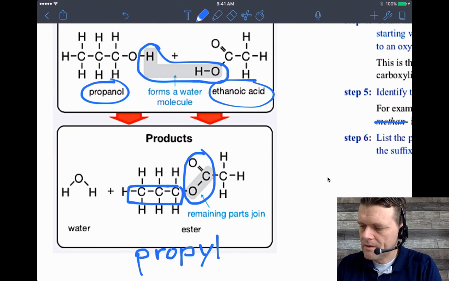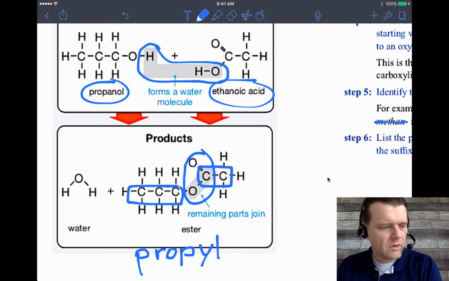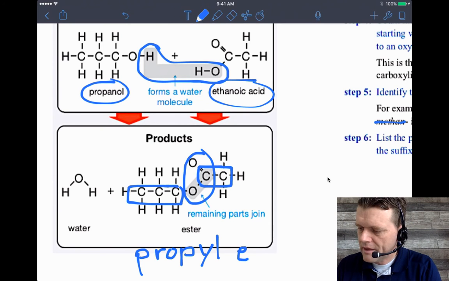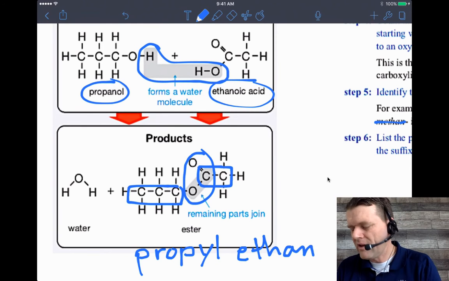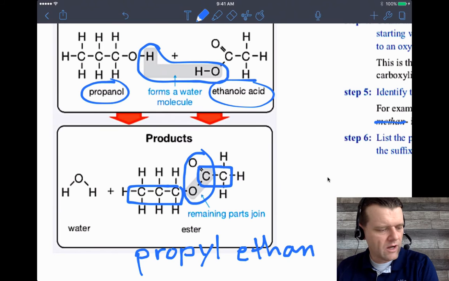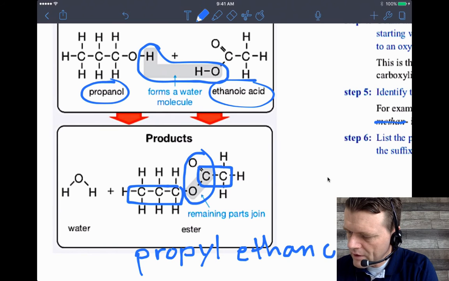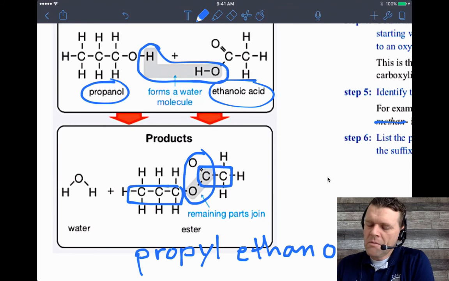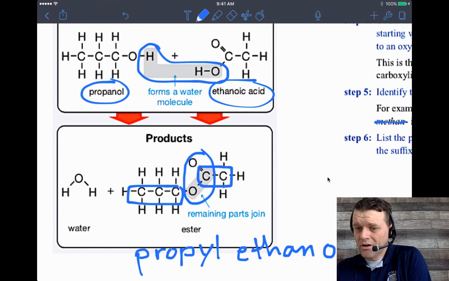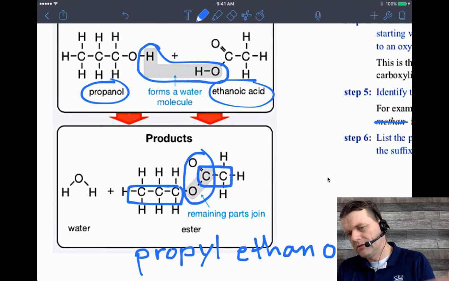The other chain includes the carbon that's part of the ester, and there's two carbons, so that's ETH. It would be ethane if it was its own hydrocarbon, but we add the suffix oate. So the name of this ester is propyl ethanoate.